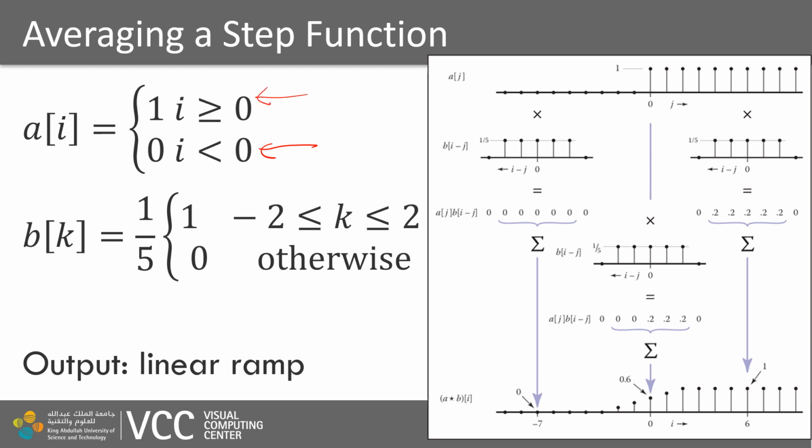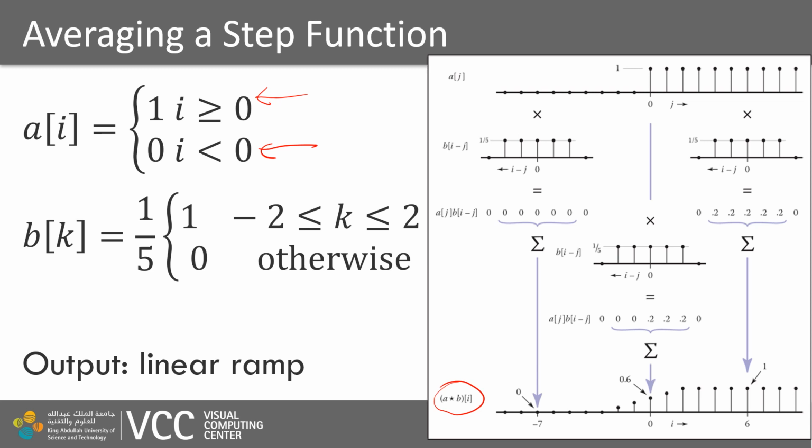So that's the step. And our filter is our box filter, which we will be using for the filtering. So let's have a look at what the convolution result will be after applying the filtering with the filter B to our function A.